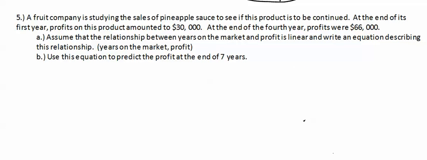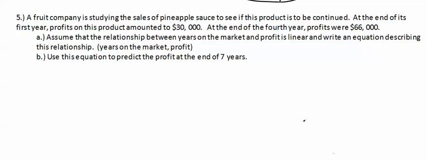All right, we have a fruit company that's producing pineapple sauce to see if it should be continued. And the sales are the following: for the first year it produced a profit of 30,000, and at the end of the fourth year it was a profit of 66,000. In letter A, we're going to assume that the relationship is linear, with the years of the market being our x value and the profit being our y value.